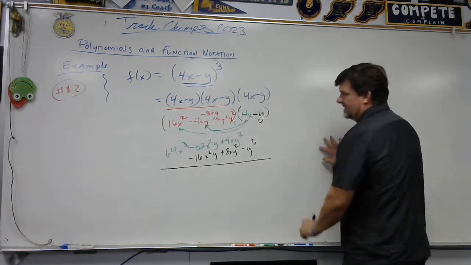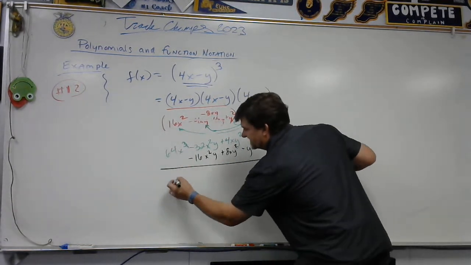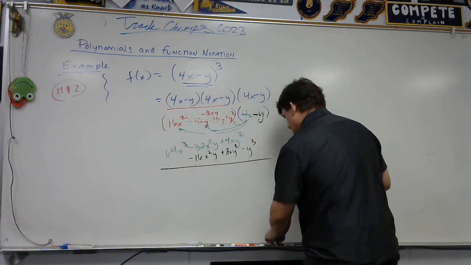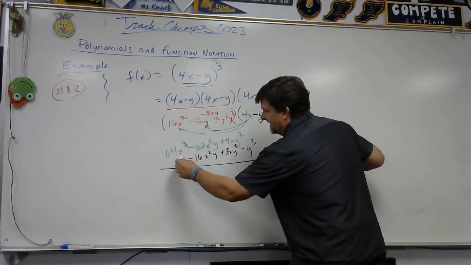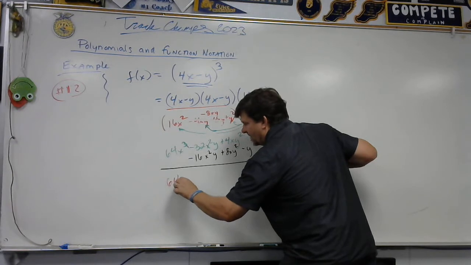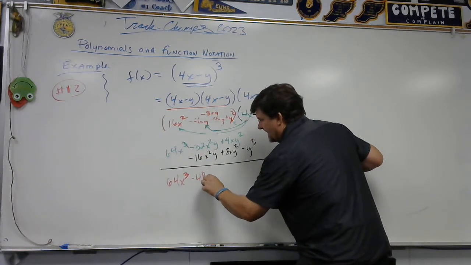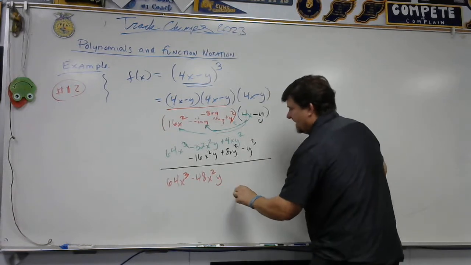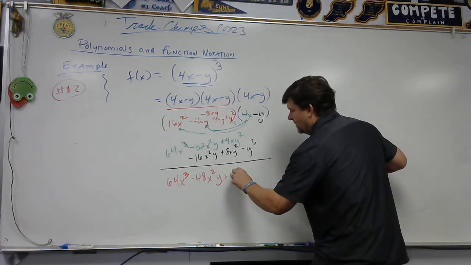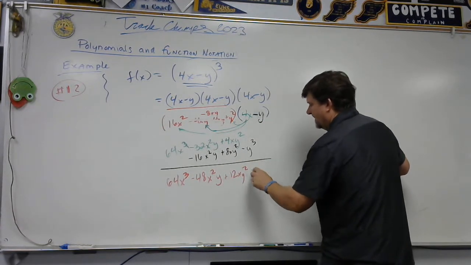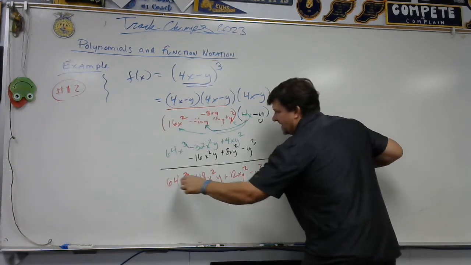Well, when I deal with that, go down the columns. What do I get? Oh, let's do this one in red. Final answer, 64x cubed minus 48x squared y plus 12xy squared minus y cubed.